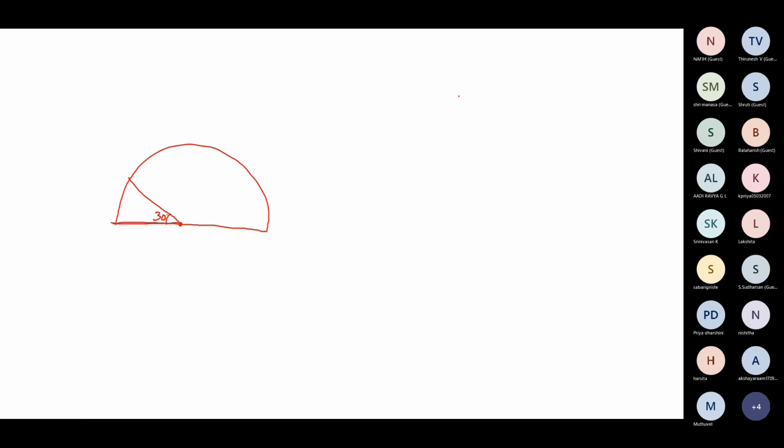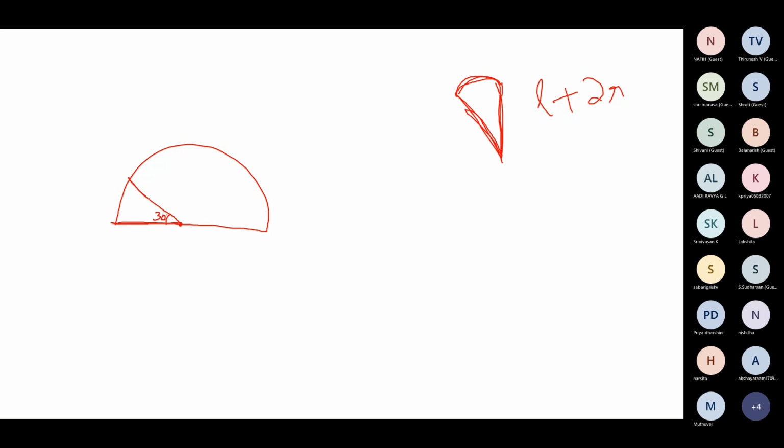See, this is a sector. Perimeter of the sector will be radius plus radius plus length of arc, that is L plus 2r. Perimeter of a sector is 2 radius plus length of arc.